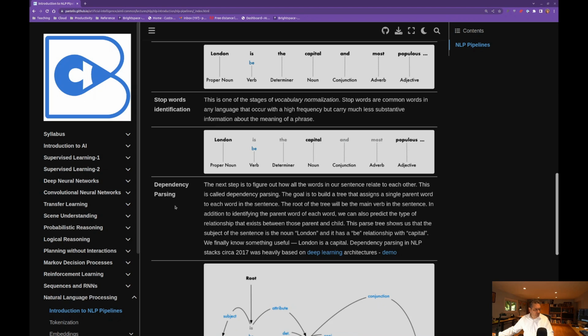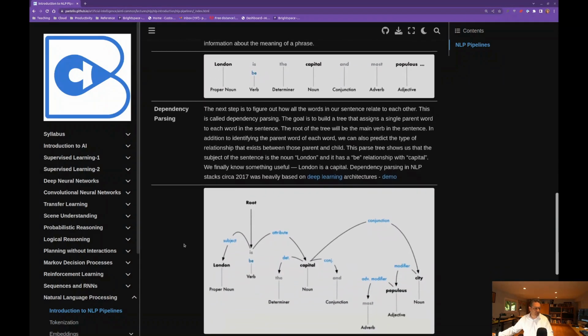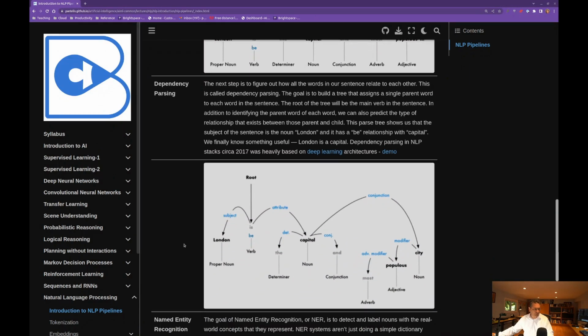The first one is called dependency parsing. In dependency parsing, our goal is really to form a tree. In this tree, at the root node, we assign a single parent. One of the words is assigned to be the parent, the root node of the tree, in this case is.